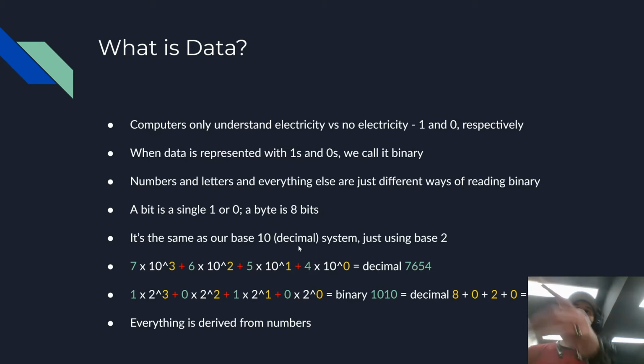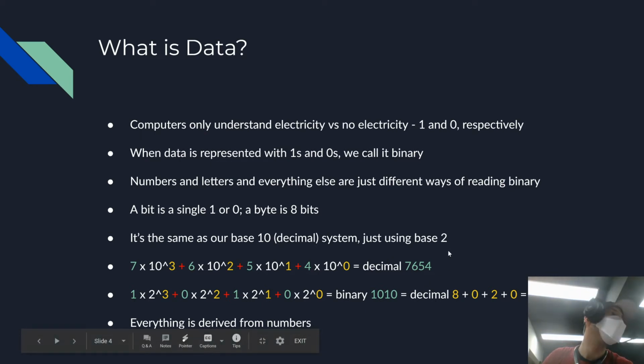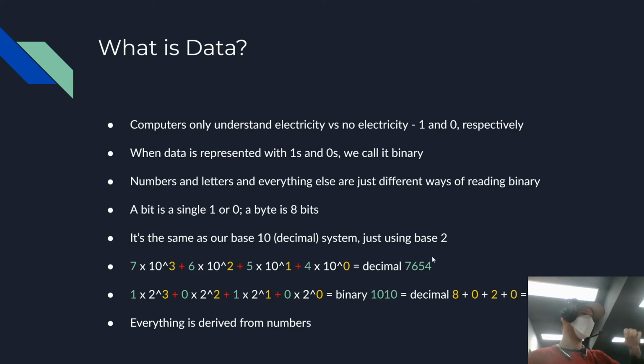So let's say we have this number, 7,654, right? This first position where the 4 is, that's the 0th position, okay? Following that, this is the tens position, or the 1 digit. 0, 1, 2, 3, 4, okay?